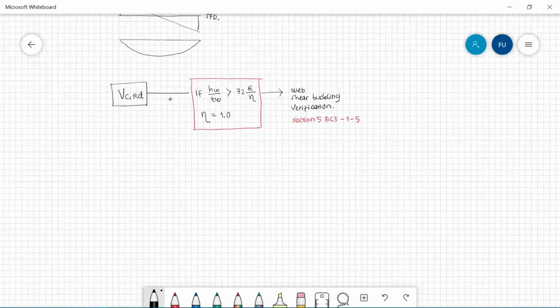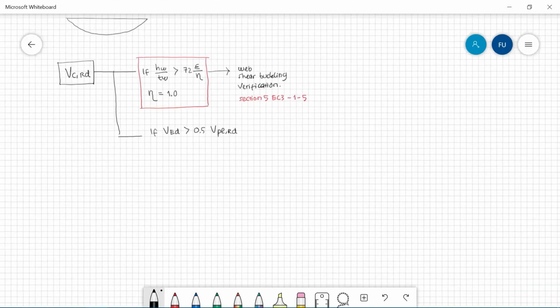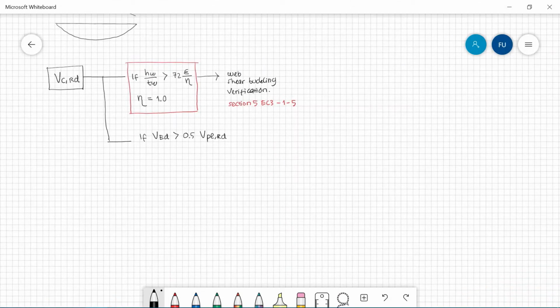Number 2, if the VED, the design value of shear, is bigger than 0.5 V plastic RD, then we have to replace the cross-section design resistance to bending moment with a reduced value.